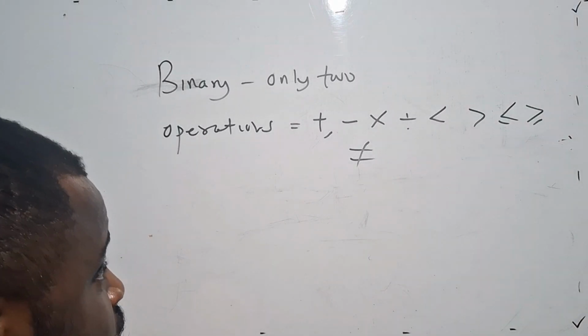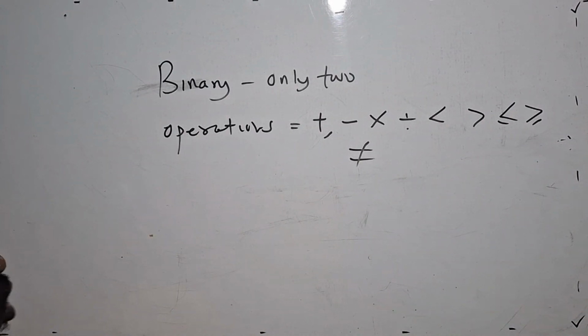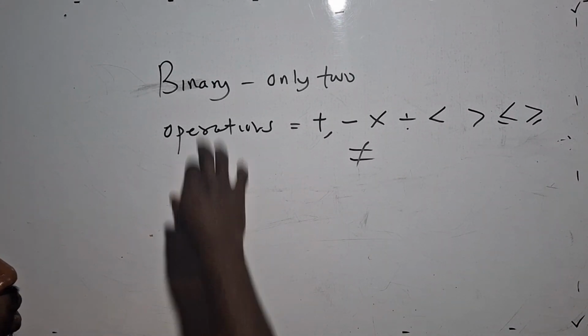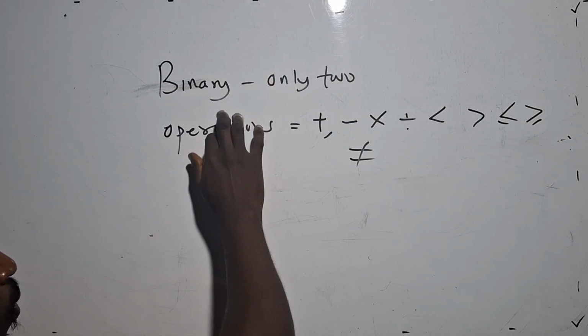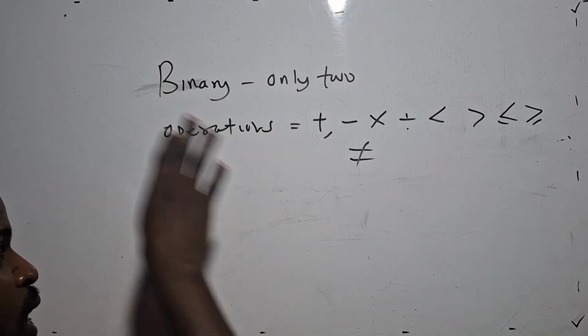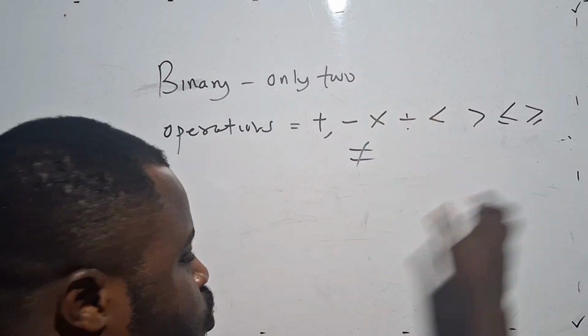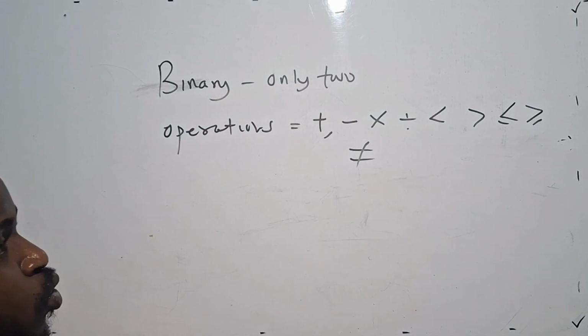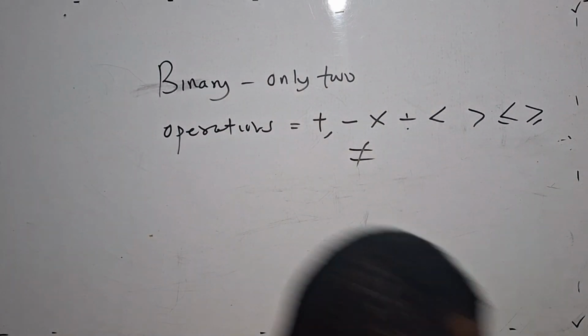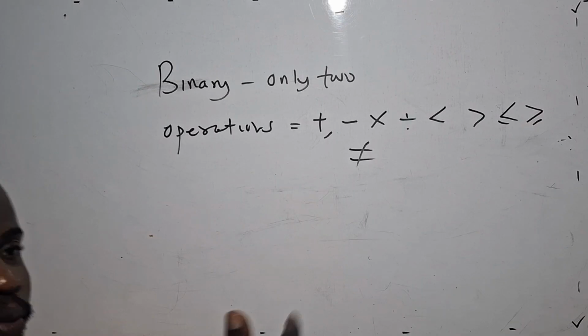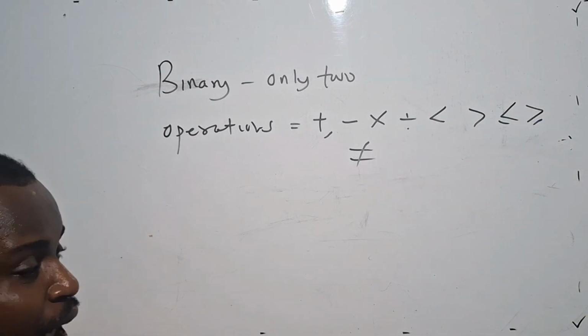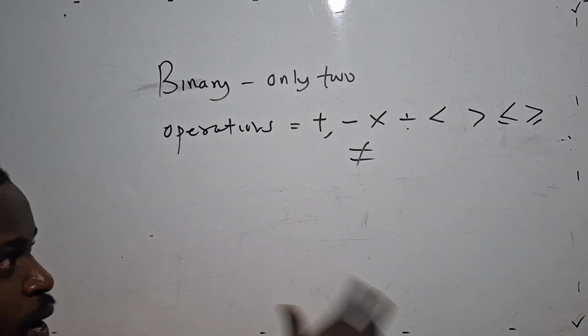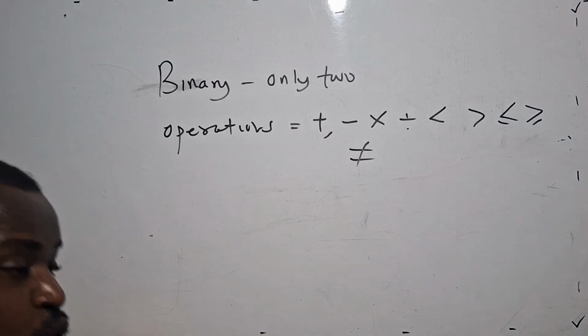But in today's lesson on binary operations, we are not going to use these operation signs. We are going to use different operation signs as they will be given. And we have so many binary operation signs.